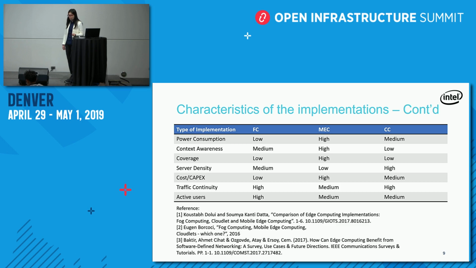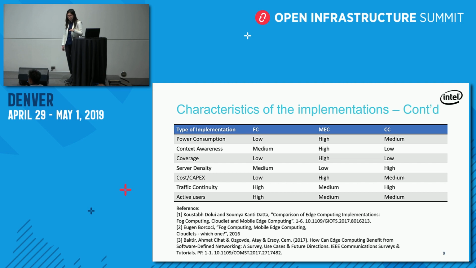The MEC has the highest context awareness since it knows a lot about what mediums have been connected inside, and it has a lot more knowledge about the context around. We also have differences in coverage, server density, cost, traffic continuity, as well as active users. And you can see all the figures here.